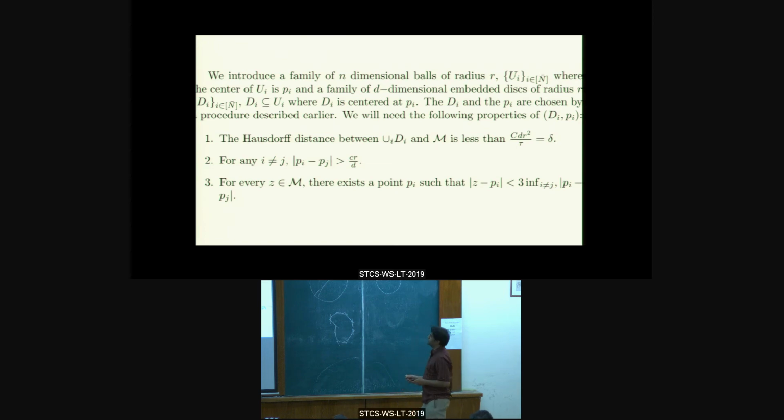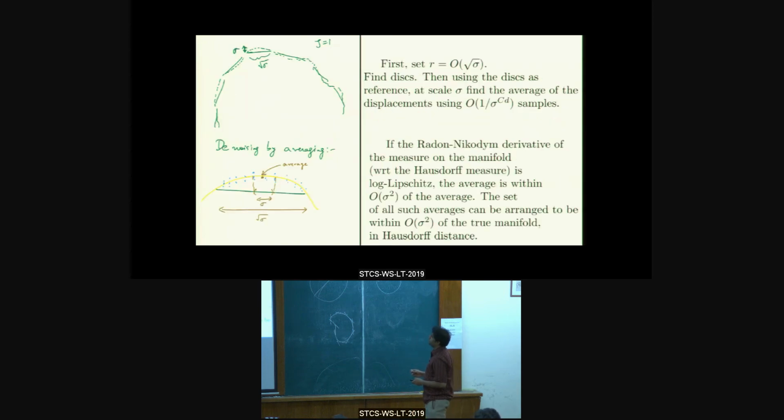There are two objects of importance here. But before I go into that, I'll talk about a data cleaning procedure that takes us from sigma Hausdorff distance to sigma squared Hausdorff distance. Once you've found these disks, you have all this data that is essentially not from the disks.